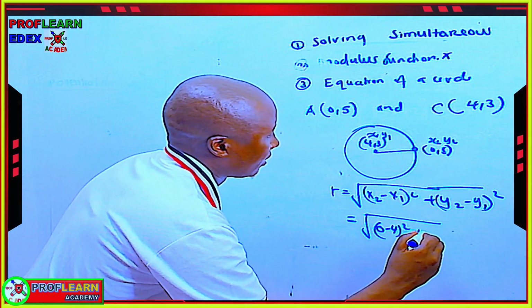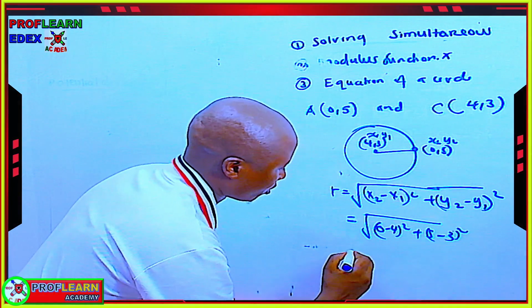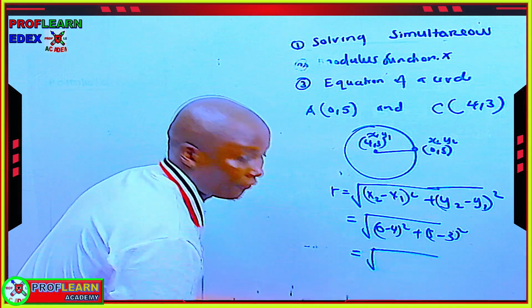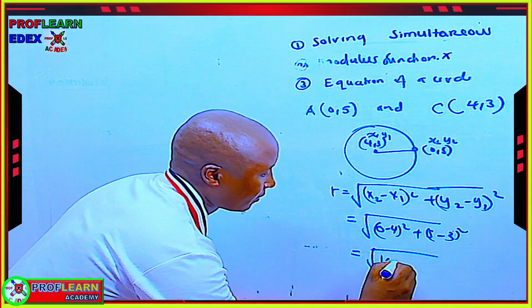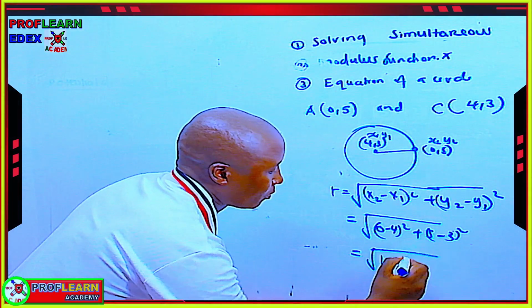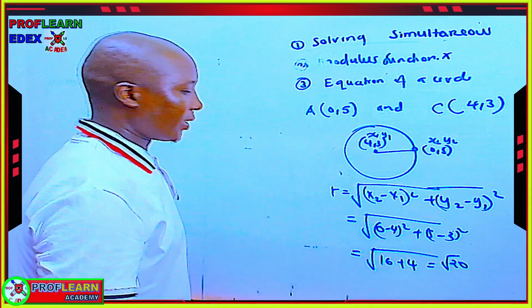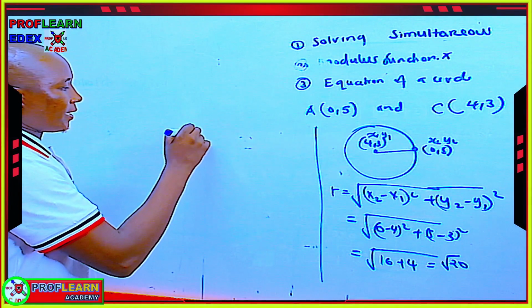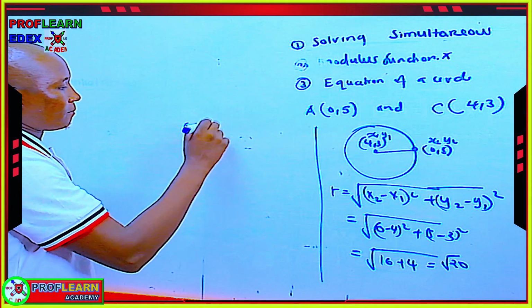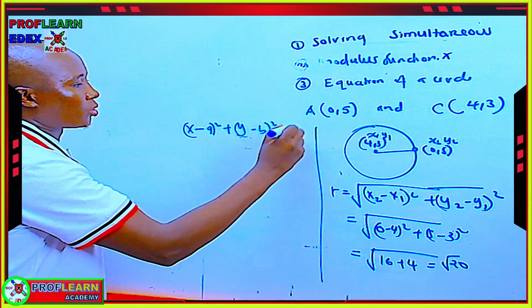So this is going to be the square root of (0 minus 4) squared plus (5 minus 3) squared, which is the square root of 16 plus 4, so we have root 20. Root 20 is the radius. Then the equation of this circle is (x minus a) squared plus (y minus b) squared equals r squared.